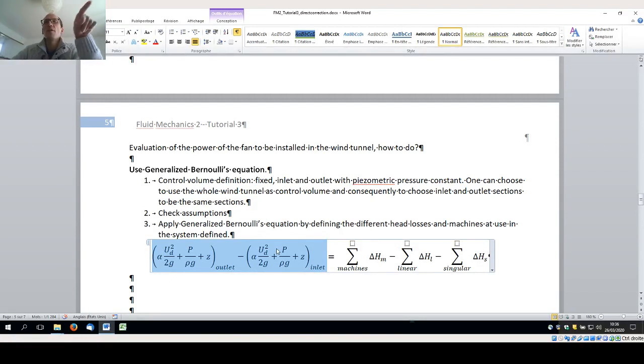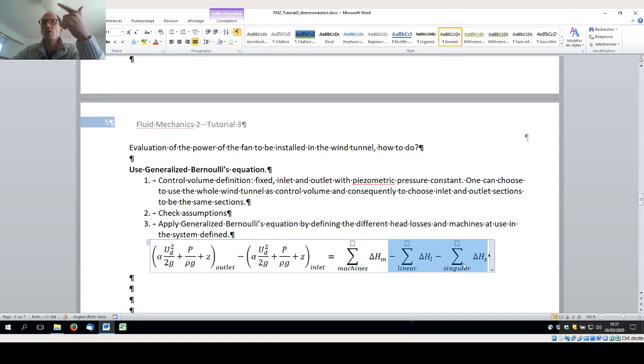The closed loop is a configuration where you have a machine, so the left-hand side is equal to 0 here. And in terms of energy, the machine is providing energy which is dissipated in the head losses here. So you have an equilibrium between the energy which is brought by the fan and the energy dissipated by the effect of viscosity in linear and singular head losses.